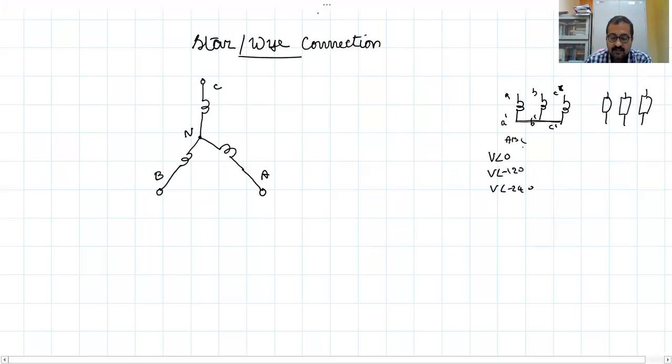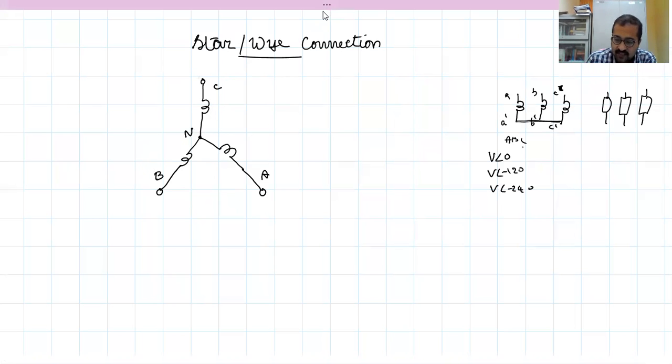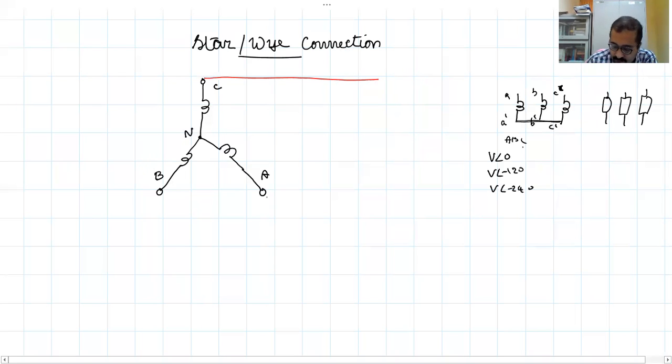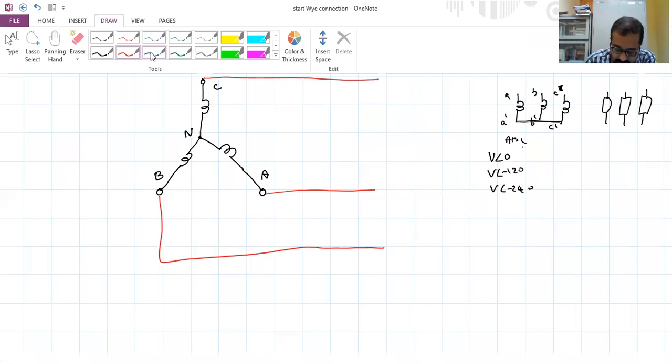Now you see this is the generator side, where we have three coils. From the generator, current is drawn, because the generator has to supply the load. So current has to flow from the generator to the load through lines. These are called lines. And here we will have a three-phase load.